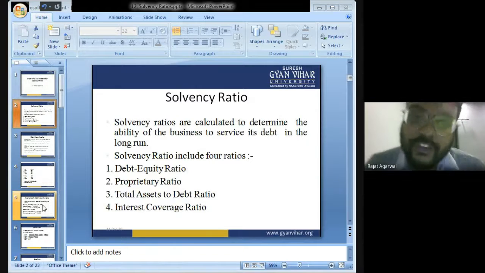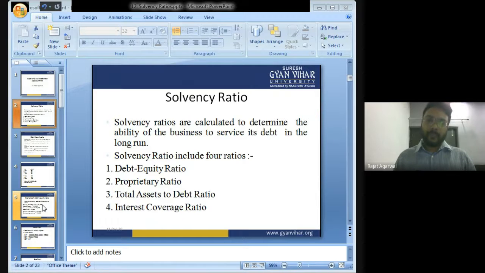I told you that solvency ratios help in calculating the capability of the business to serve its long-term debts. Through solvency ratio, we get to know how much a company is capable of paying its long-term debts.